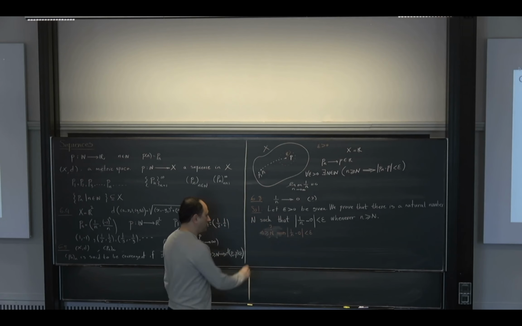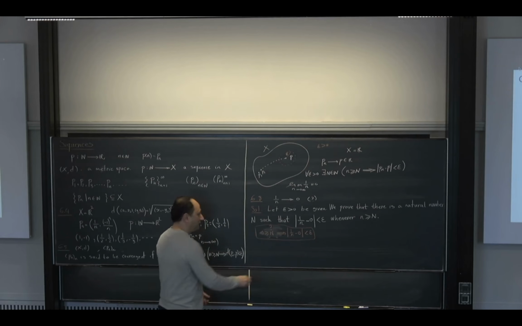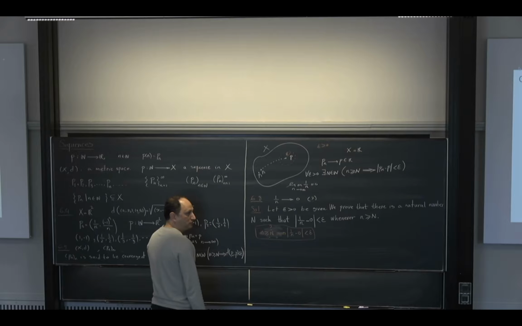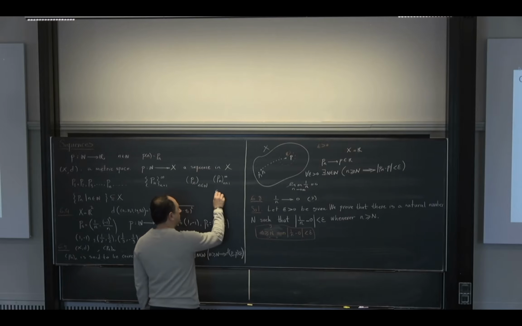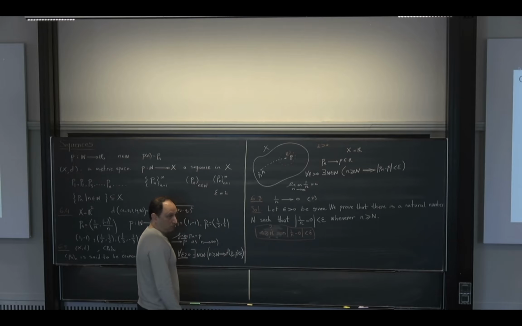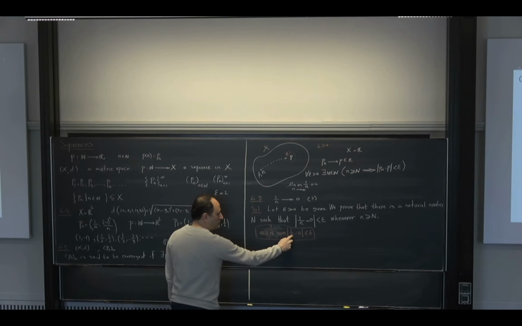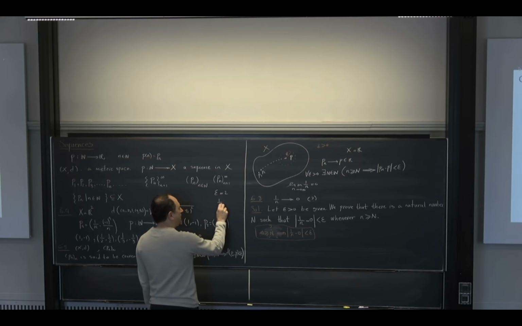Okay? So this is scratch paper work. For example, if epsilon is 2, what do you choose for N? By the way, you don't need the absolute value because 1 over n is positive, so you want to make it less than 2.